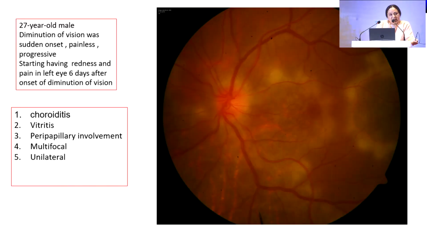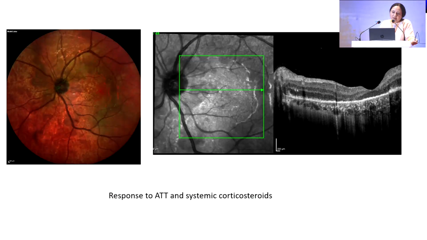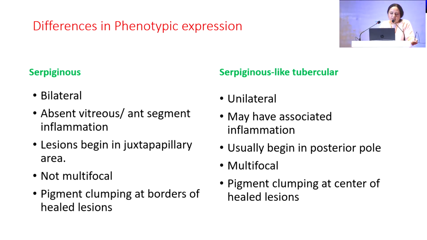What we see is like this: multifocal patches, yellow, vitreous cells, inflammation, some vasculitis. This is tubercular serpiginous-like choroiditis. So this is very different from the classical serpiginous choroiditis, and you need to be able to differentiate the two. I already told the differences, but we have published them very well.